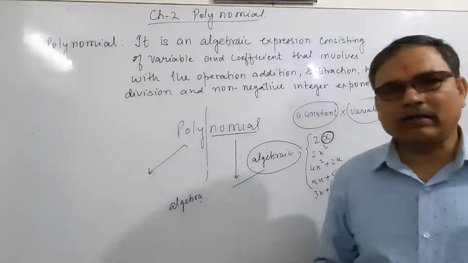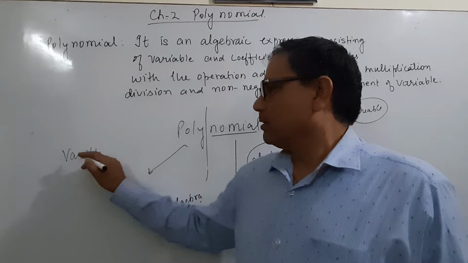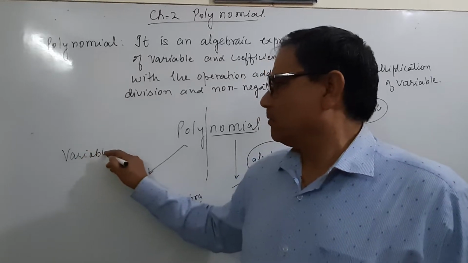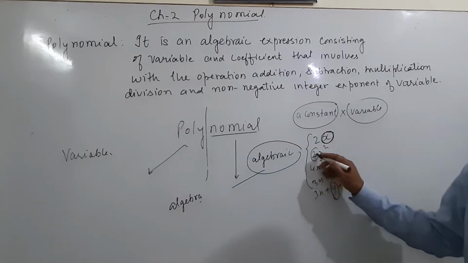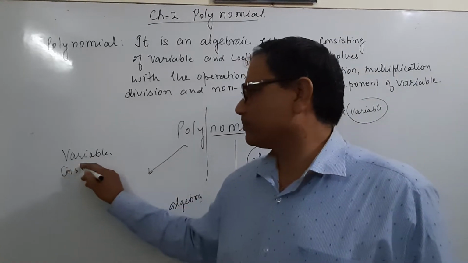These are variables, and the word is variable. And 2, 4 and 2, 3, 5 are all constants.